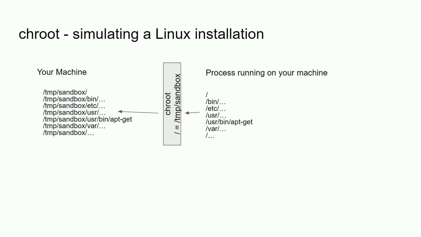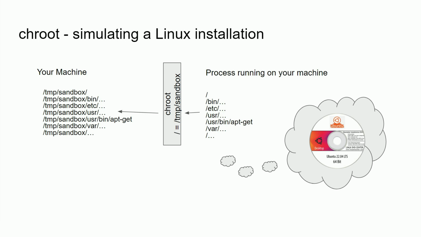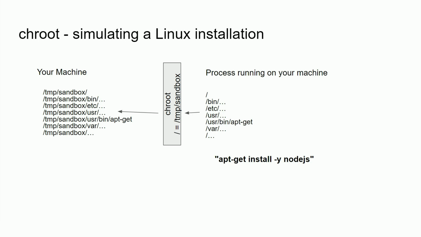Now, let's fire up our chrooted process, pointing it again at our sandbox. That process is going to come up, and it's going to think that it's running in a newly installed Linux system because as far as it's concerned, that's what its file system looks like. So now we can use apt-get to install Node, and it's going to act as if it were run on a new Linux system.